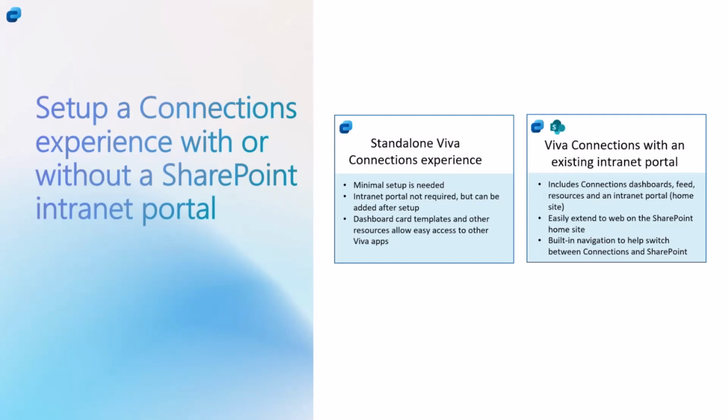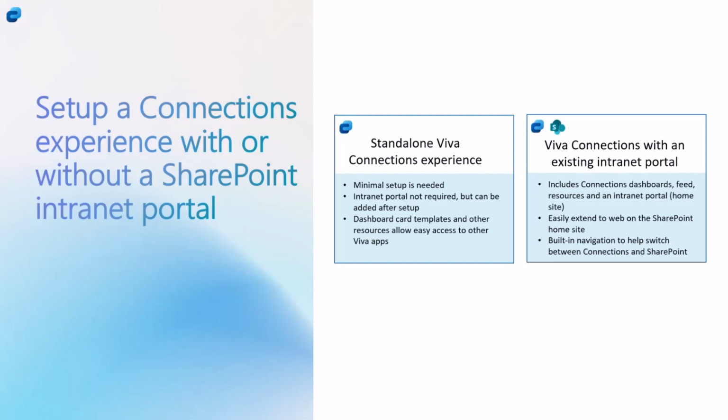You can do a mix and match as well. So if you have scenarios where you have a set of workers, especially the frontline workers who are only going to access mobile and tablet, and they just want the dashboard and resources, and you don't really need to put a lot of effort in setting up the whole site, you can use the left-hand side option, which is standalone, and give them straight away access to Connections through mobile.